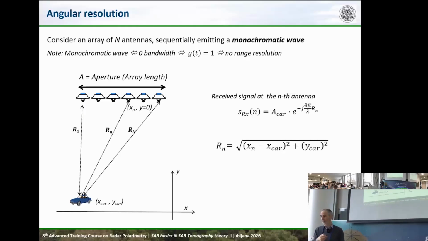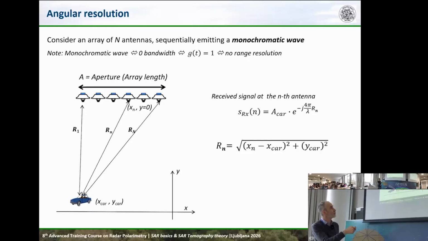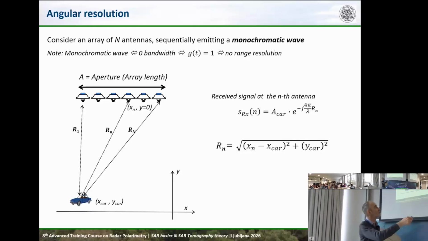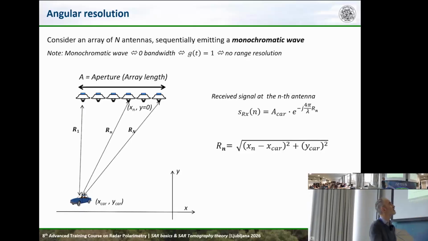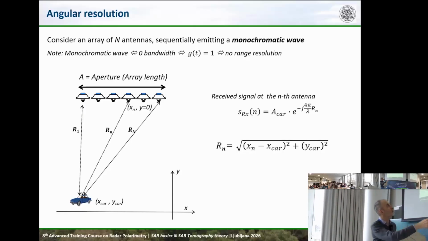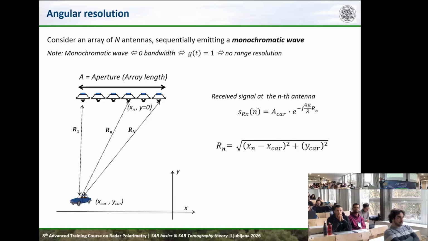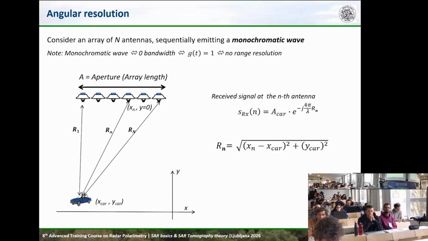And then we go on. Let's try and put a Cartesian reference system so that I can now express this distance in the proper way. You see, it would be a function of the coordinate of the car, so with this x and y car, and of the coordinate of the antenna number n.